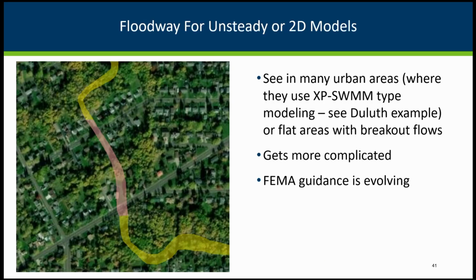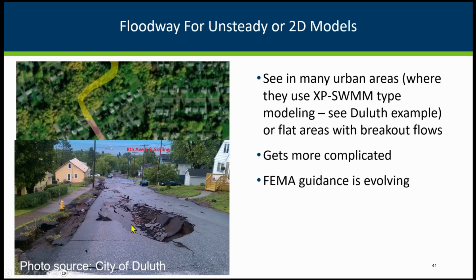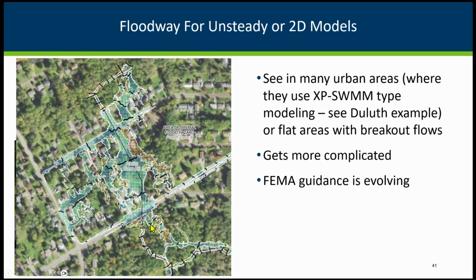So the other thing to be aware of is that we're starting to see more unsteady and 2D models. And here's an example of what the floodplain used to look like in this area of Duluth. It just showed this kind of stream area going through the neighborhood. But that's not the reality. When they have flooding, a lot of the flooding breaks out, a lot of it was going down the streets. And so it got remapped here.